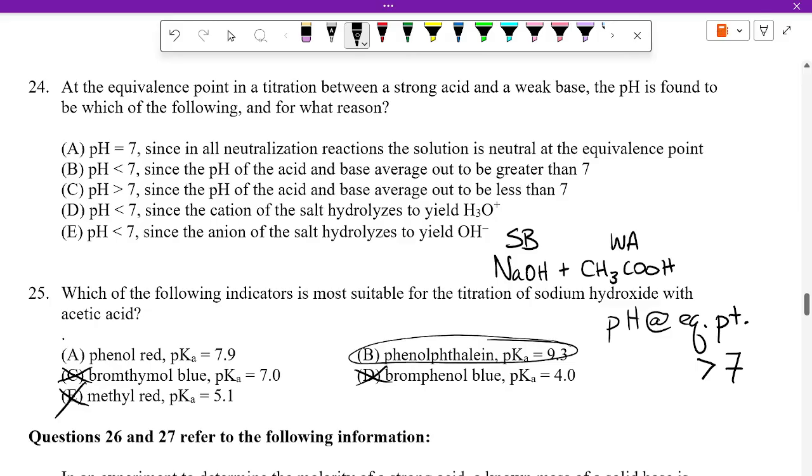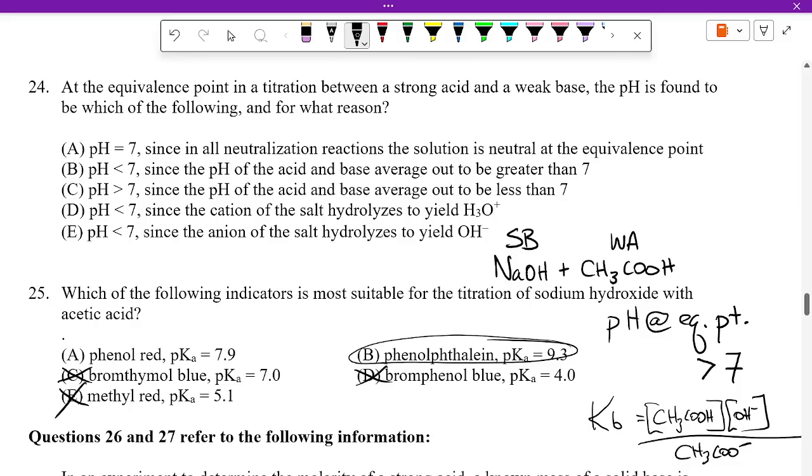It's just a little tiny bit bigger than 7, so I'm going to go with that one there. If I wanted to figure out exactly what it would be, I would use the Kb of CH3COO minus, which is CH3COOH times OH minus over CH3COO minus, because that's what we have, right?